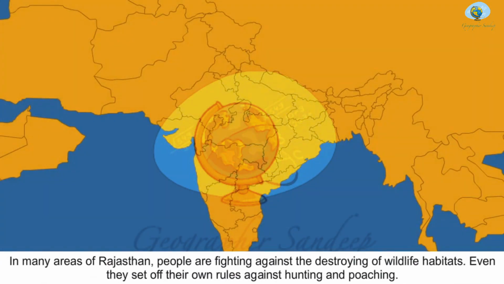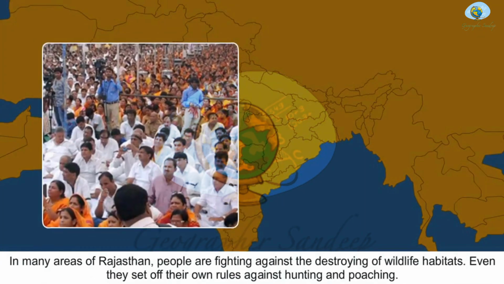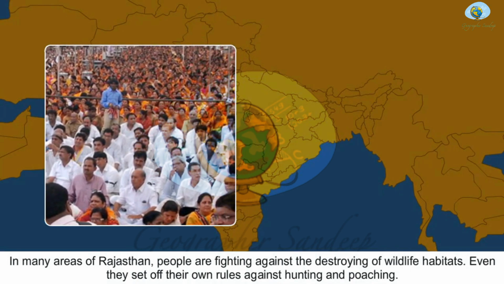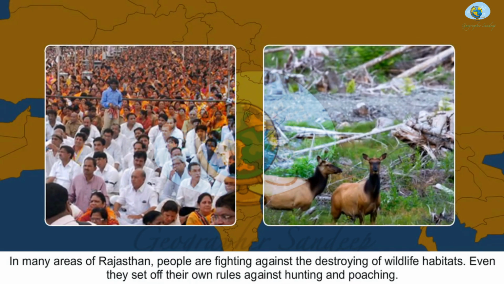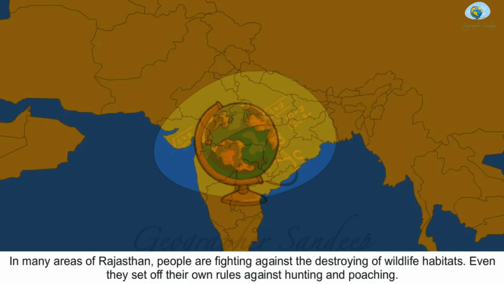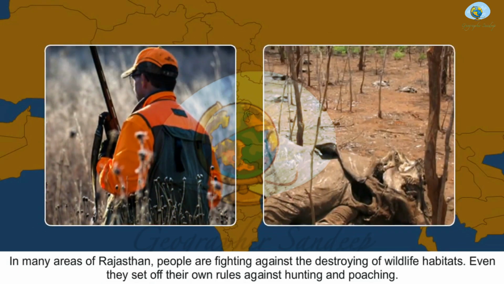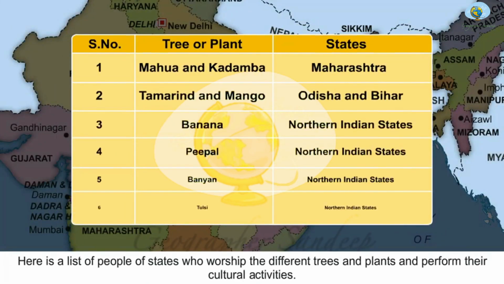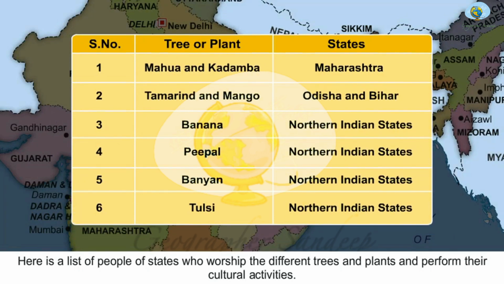In many areas of Rajasthan, people are fighting against the destroying of wildlife habitats. Even they set off their own rules against hunting and poaching. Here is a list of people of states who worship the different trees and plants and perform their cultural activities.